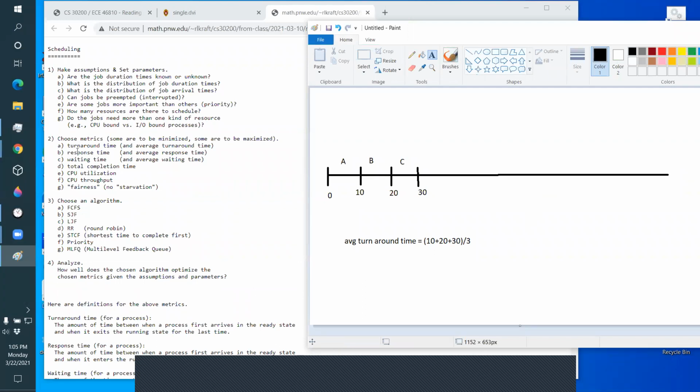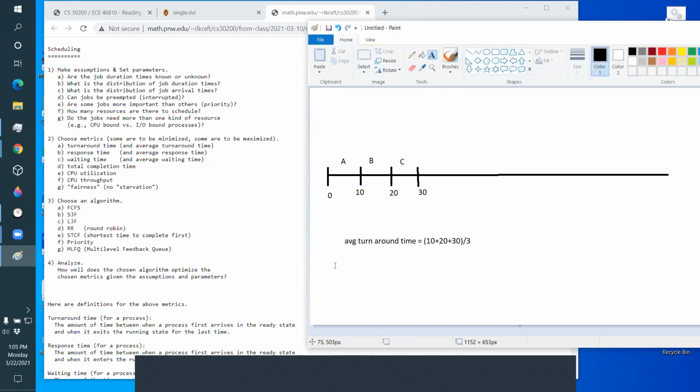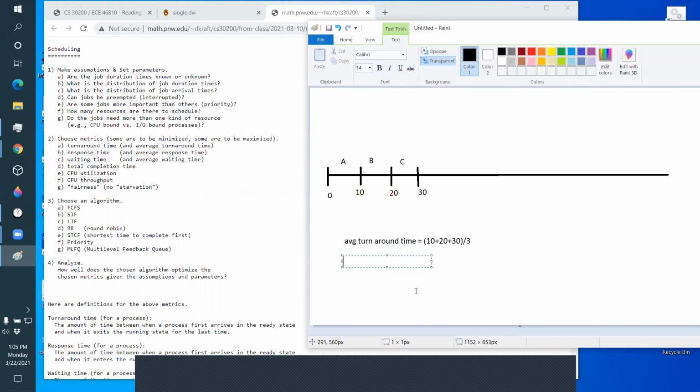Now, response time: the response time for A is 0, the response time for B is 10, and the response time for C is 20. You can also compute an average. The average response time in this case is going to be 0 plus 10 plus 20 divided by 3.